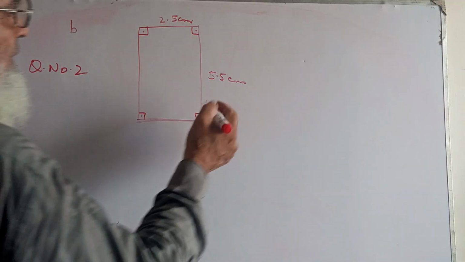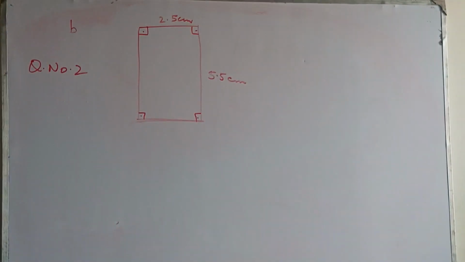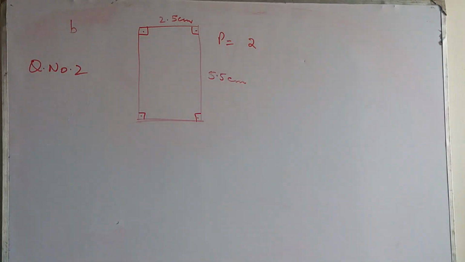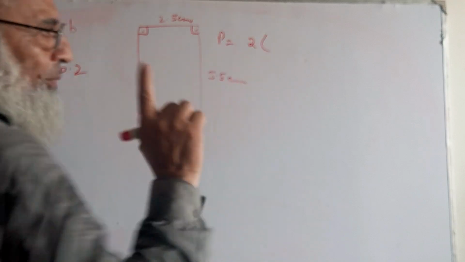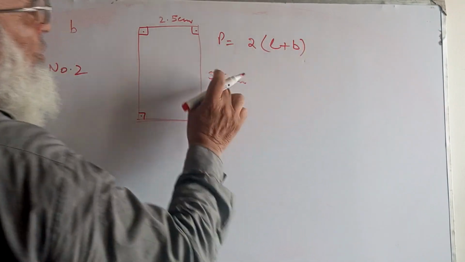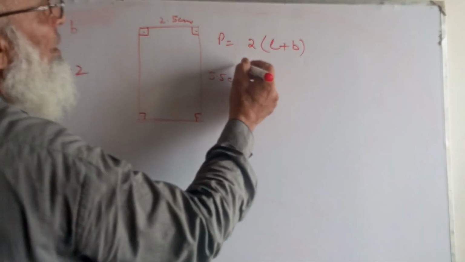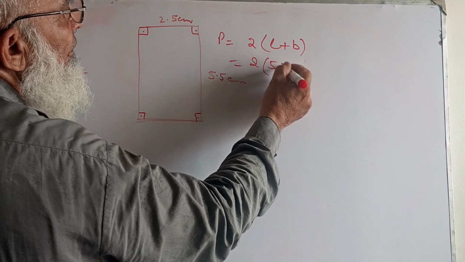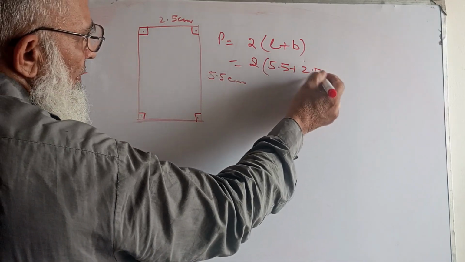So we'll just, what was the perimeter I told you in my first lecture? Perimeter was 2 times L plus B. So this is L, this is B. It will become 2 times 5.5 plus 2.5.